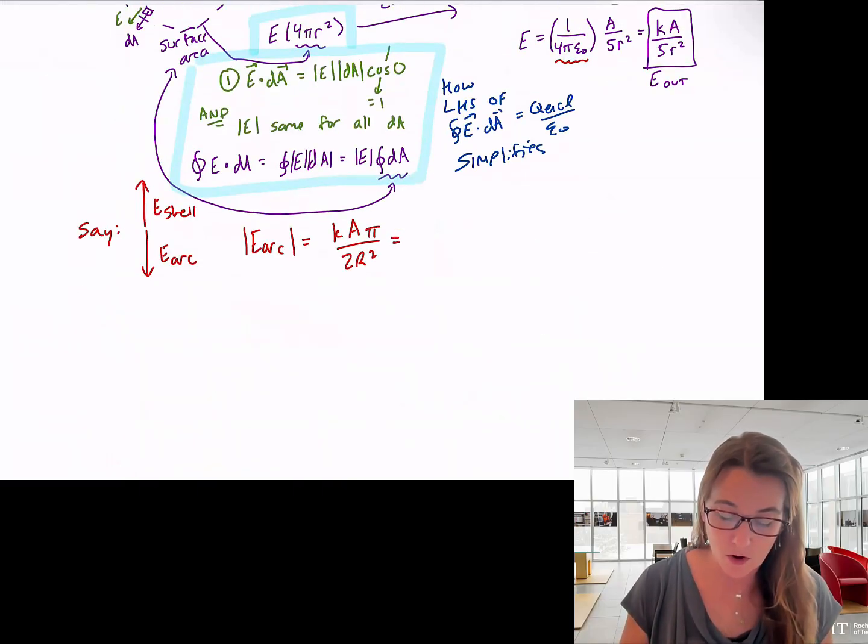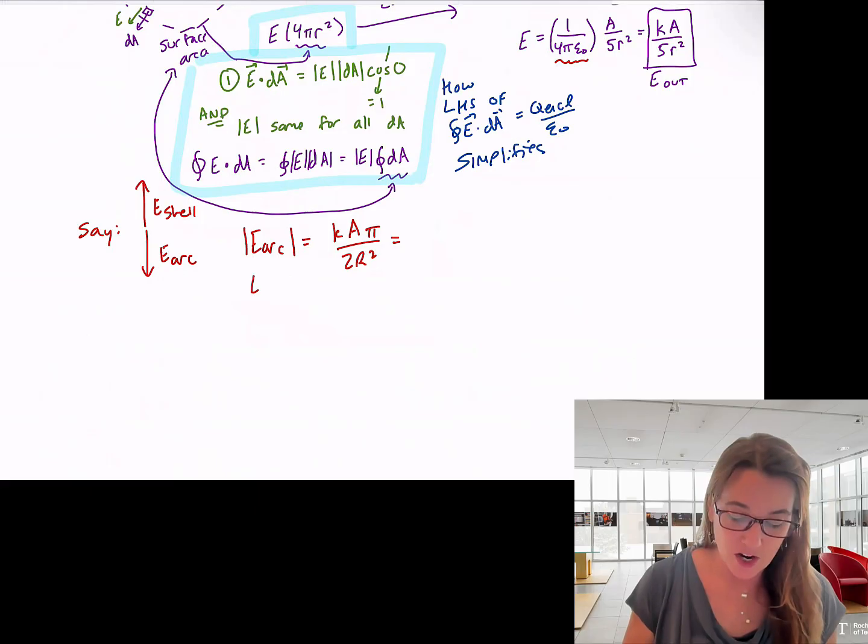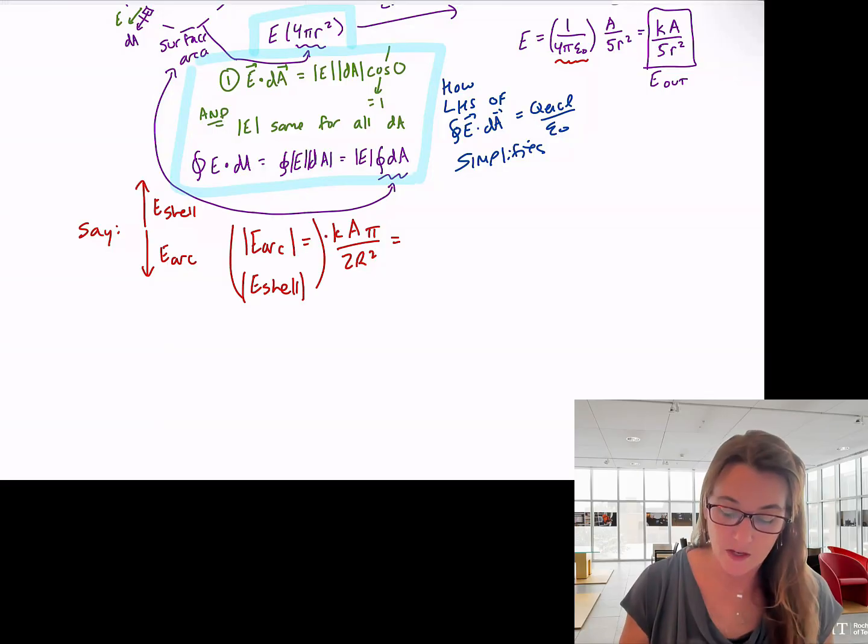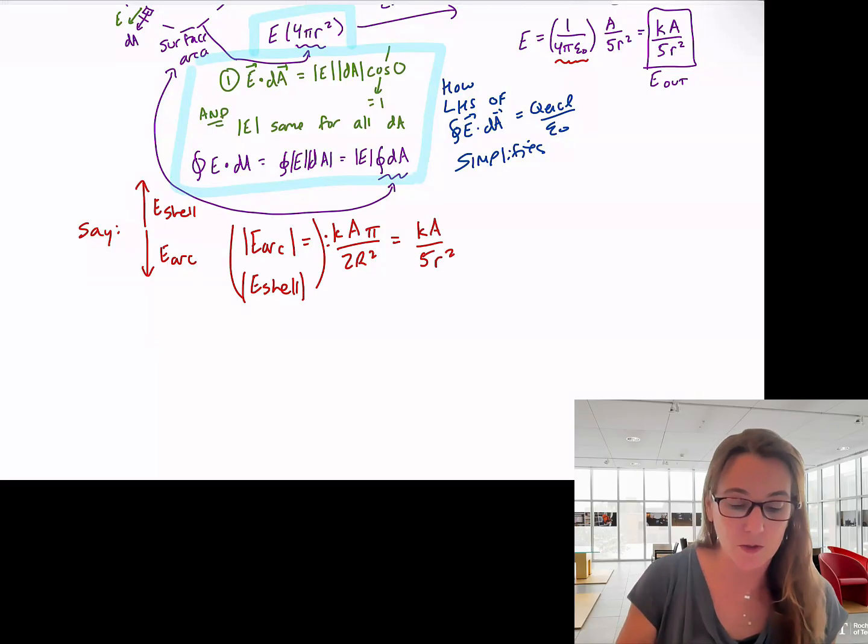is going to be equal to the E of the shell, which then that's going to give me my Ka over 5 little r squared.